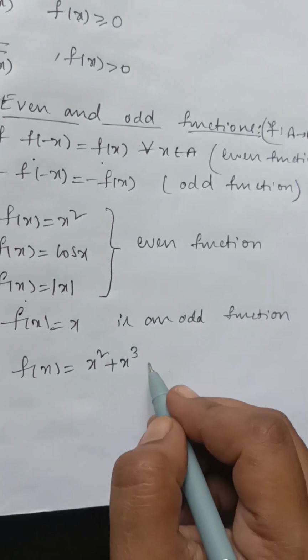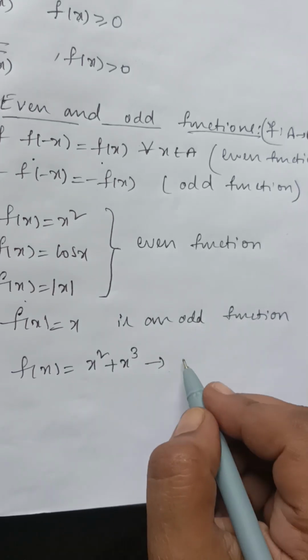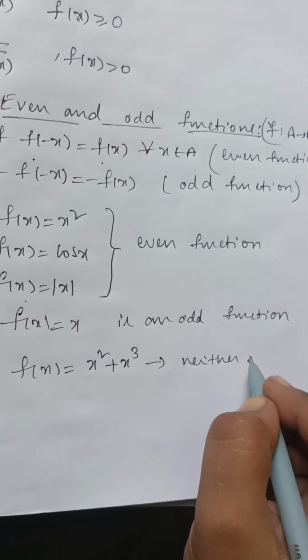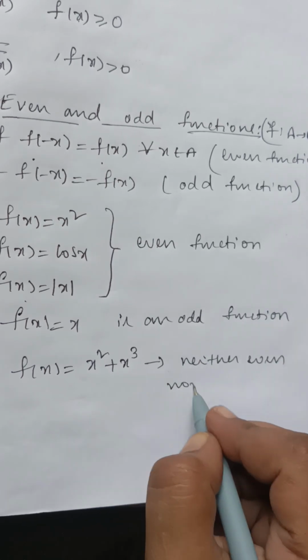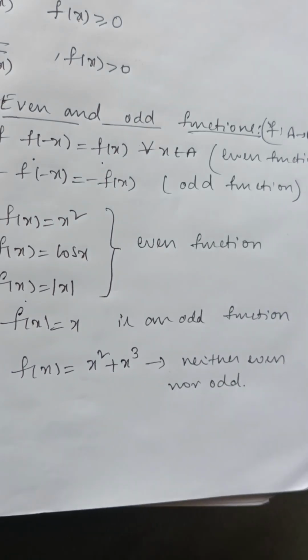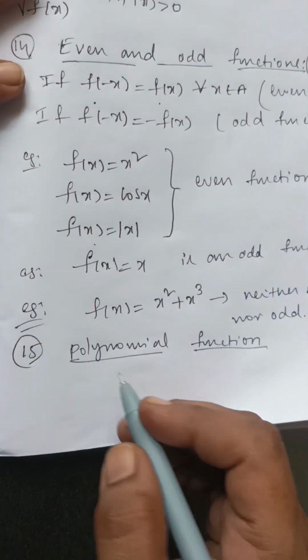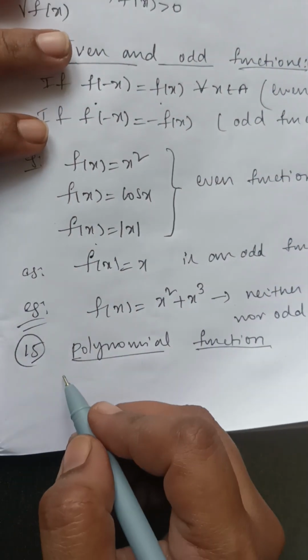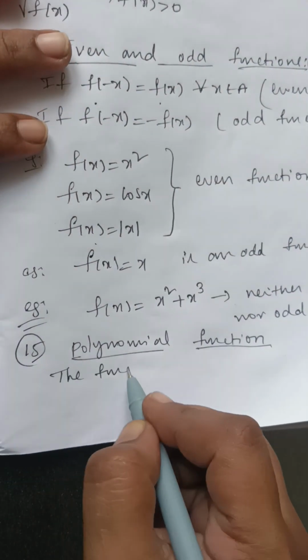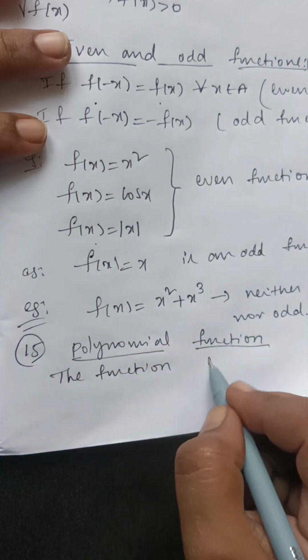Next example, f of x equal to x square plus x cube. Then this is neither even nor odd. Next one is polynomial function.